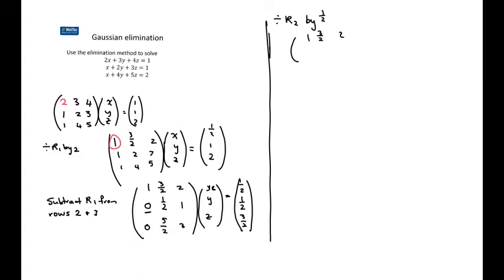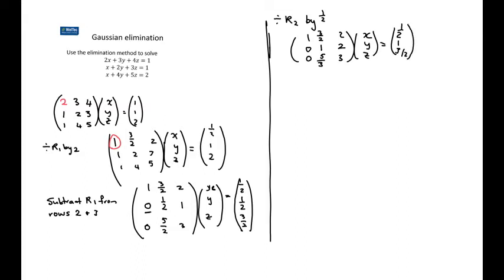Now we divide the next line by 1/2, so we still get 0, then 1 and 2. The bottom line is going to stay the same for the moment.